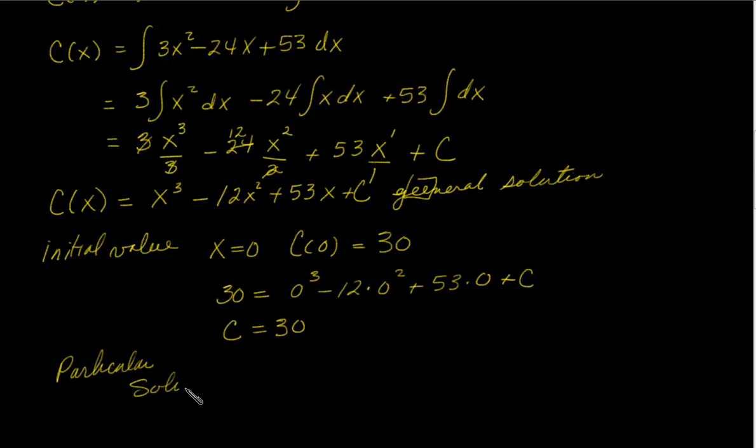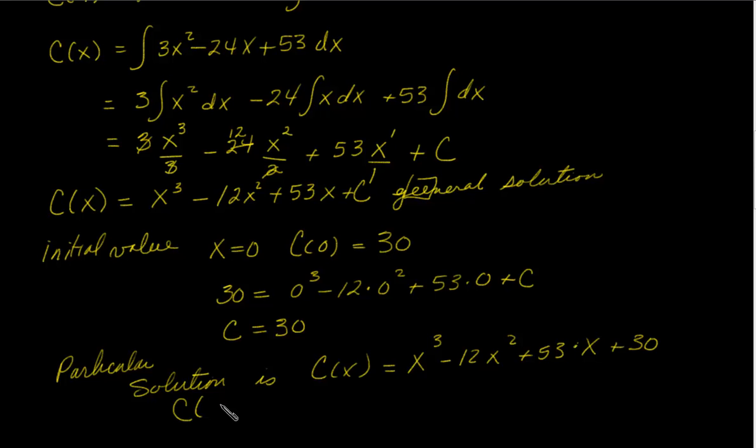So my particular solution is C of x is equal to x cubed minus 12x squared plus 53x plus 30. And what does it cost me to produce 4,000 units of sunscreen per month?